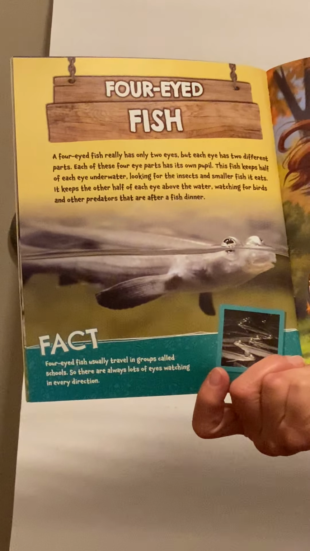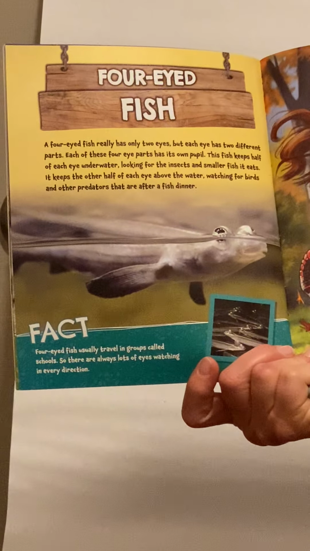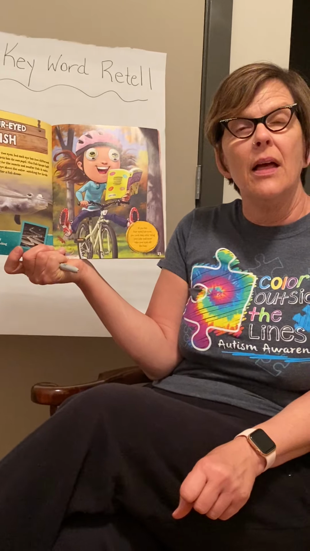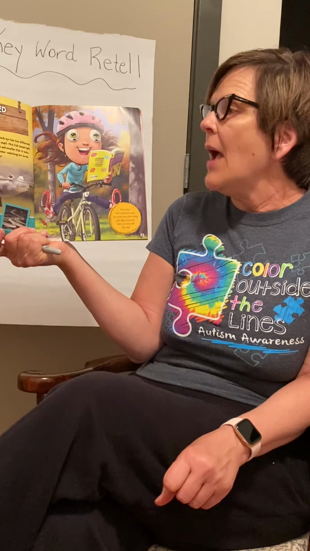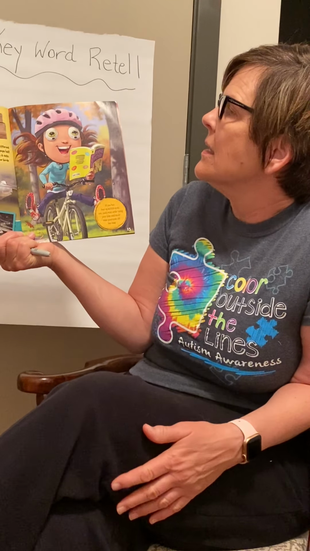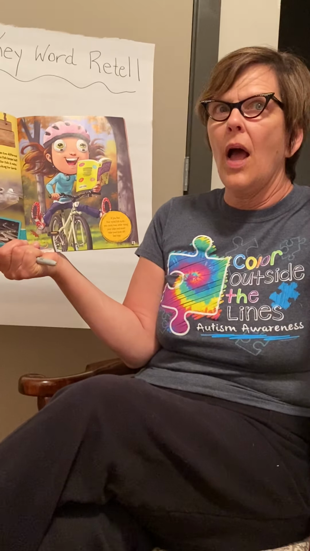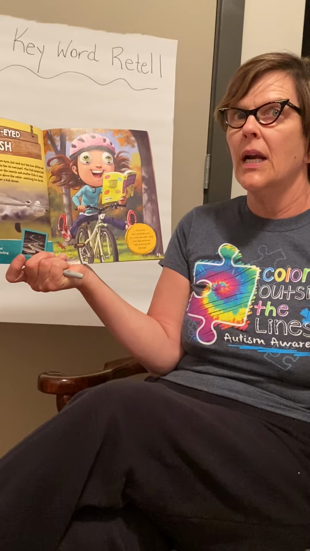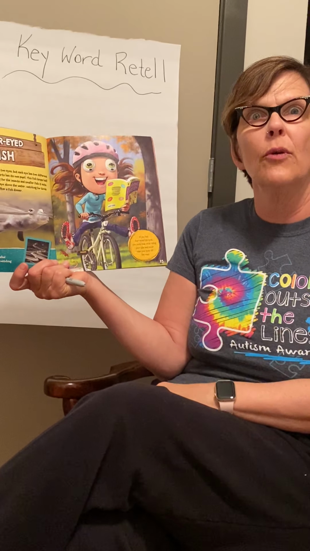It keeps the other half of the eye above the water, watching for the birds and other predators that are after it, a fish dinner. So if it's looking out for predators, then it would be the prey. And that would be whenever it has the eye above the water. But when the eye's below the water, it is the predator, and it's looking for its prey.